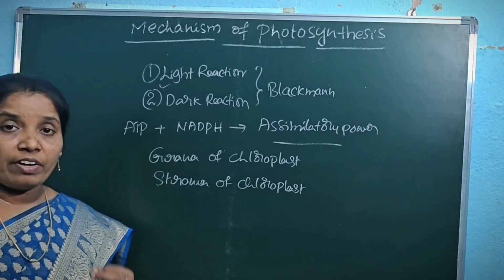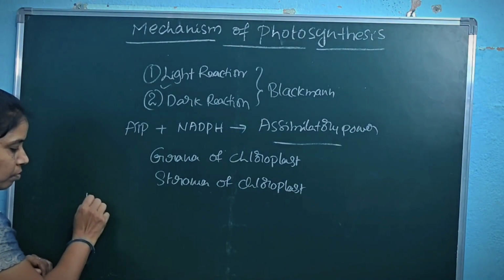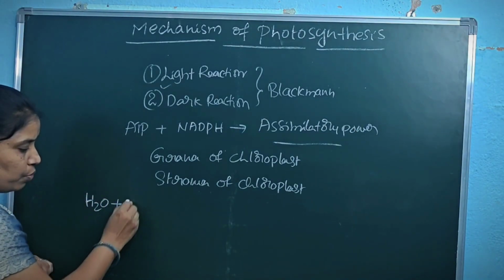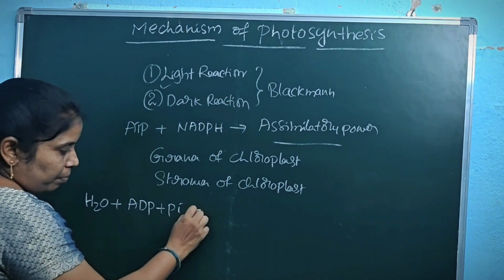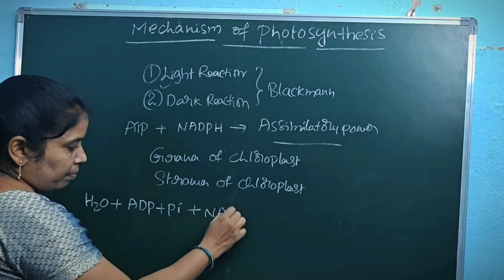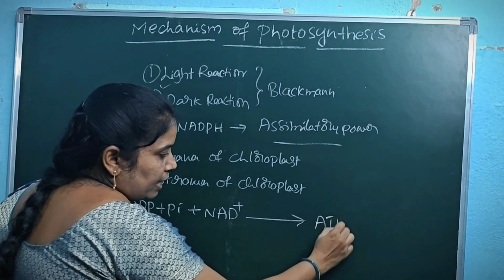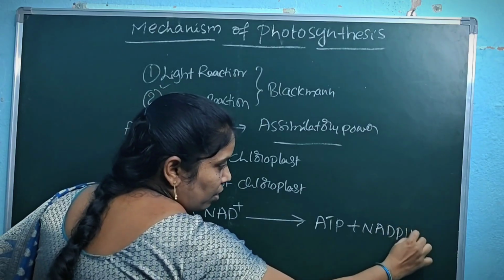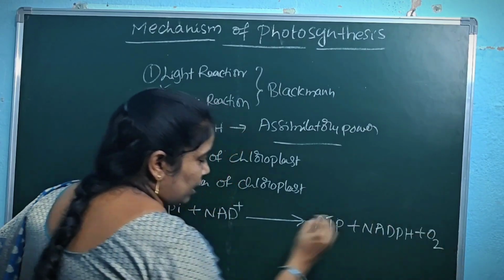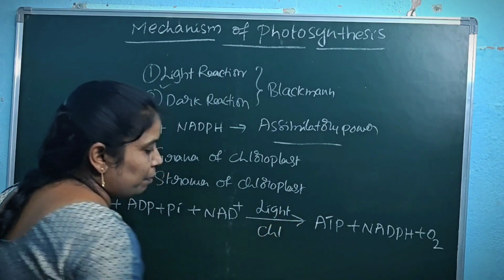Let's see the equation of light reaction. H2O plus ADP plus Pi plus NADP+ gives rise to ATP plus NADPH plus oxygen in presence of light with the help of chlorophyll pigments.